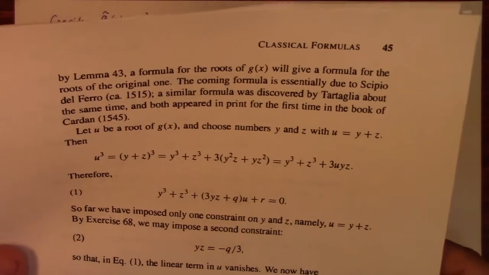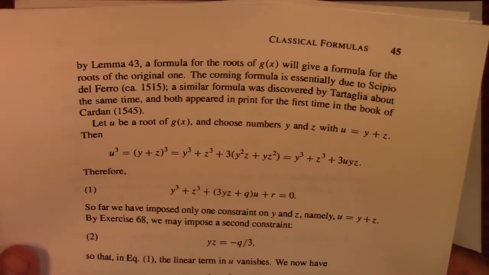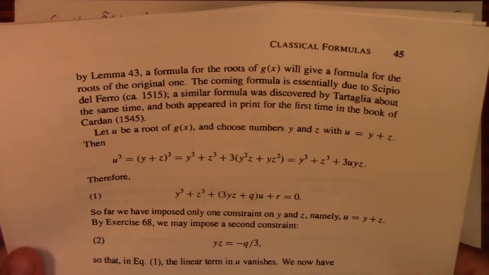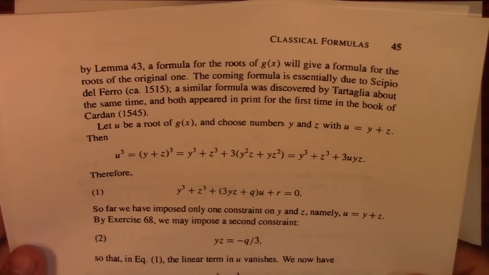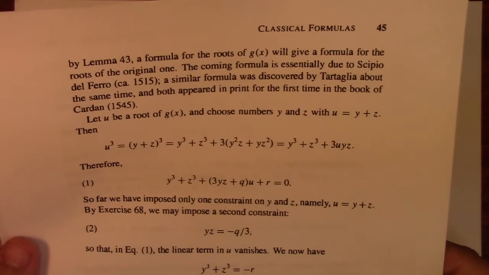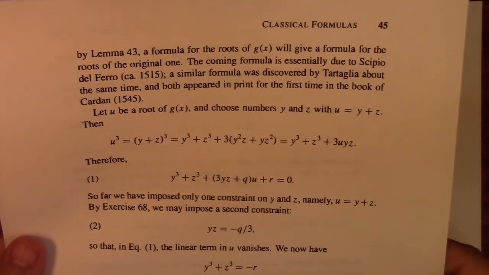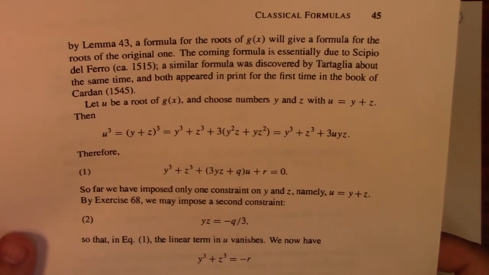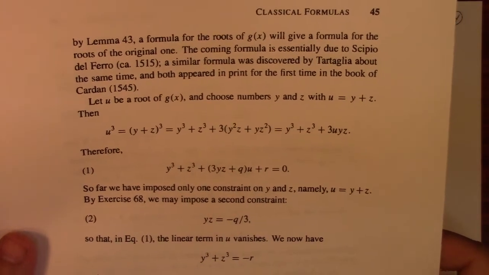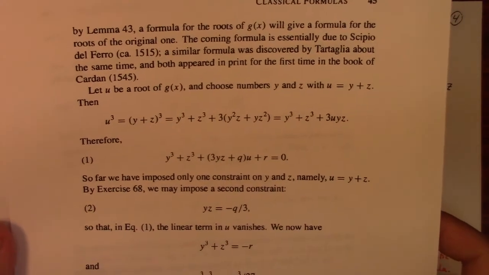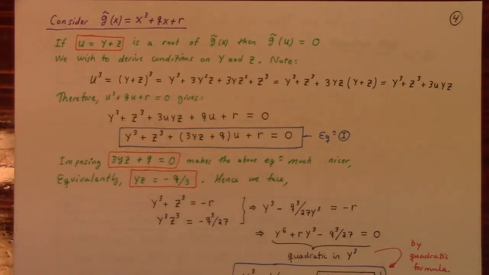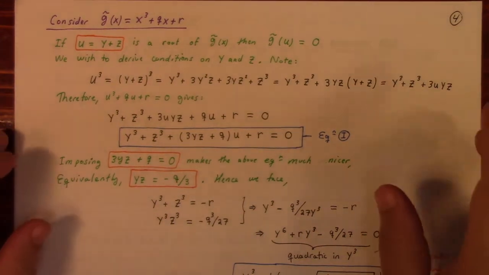He says this coming formula was essentially due to Scipio del Ferro about 1515. A similar formula was discovered by Tartaglia about the same time, and both appeared in print for the first time in the book of, I think that's Cardano in 1545. The history of all three of those people, and their interrelation, is interesting, and there's a great YouTube video made about it, which I think I've sent at least one of you.